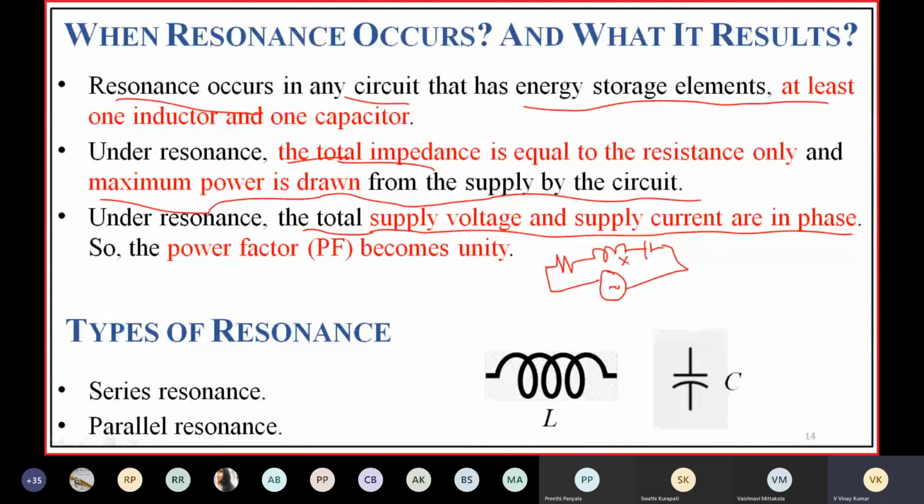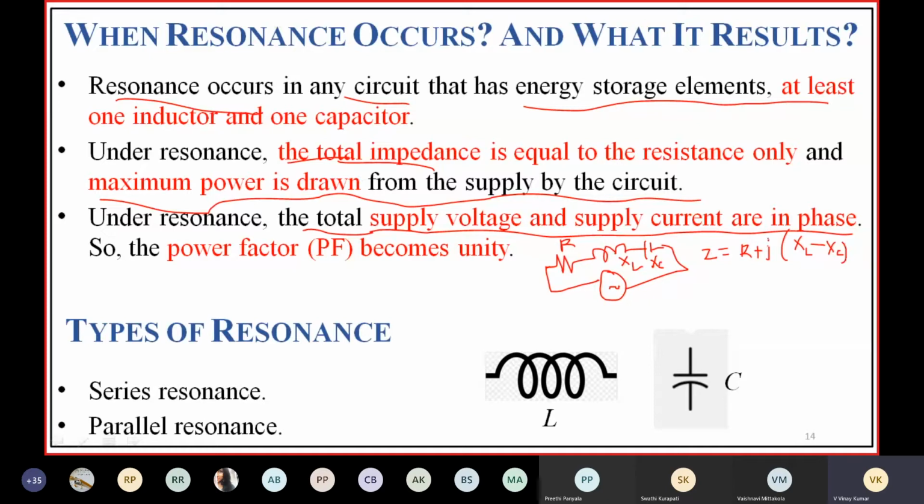XL is the reactance of the inductor, XC is the reactance of the capacitor, and R is the resistance of the resistor. So what is the total impedance? It is R plus j into (XL minus XC).